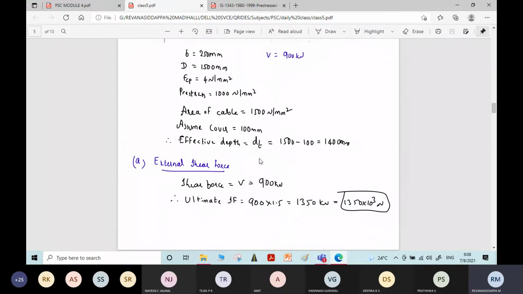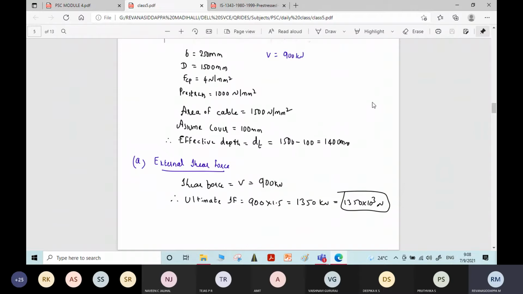The next step is to design for the shear. Before that, you find Vc0 and compare that Vc0 with Vu. The ultimate shear resistance of the beam, Vc0, will be compared to the ultimate shear force.